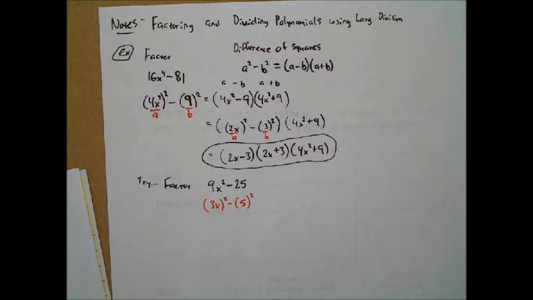So the a squared is this. The a by itself is 3x, and then it is squared. So 3x is your a. Just 3x, no square. Okay?